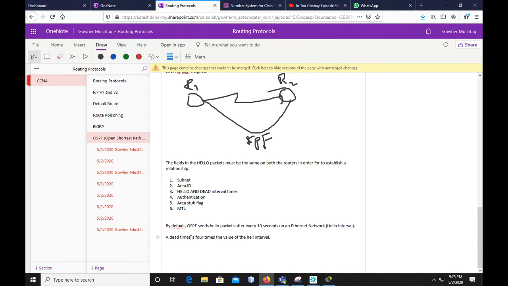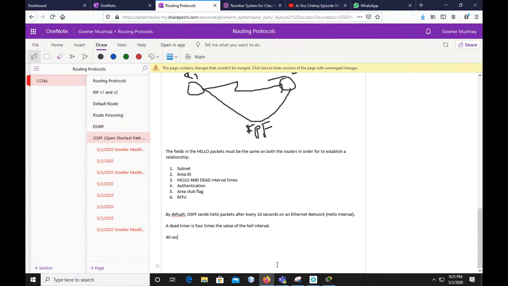The dead timer is 4 times the value of the hello interval. So if routers on the Ethernet network do not receive at least one hello packet from an OSPF neighbor for 40 seconds, the router declares the neighbor to be down. So 40 seconds is the dead timer for OSPF.